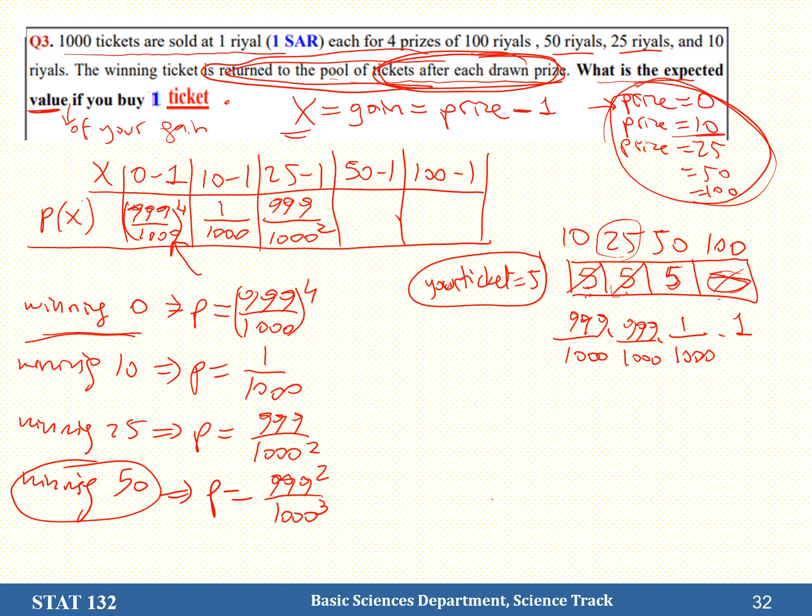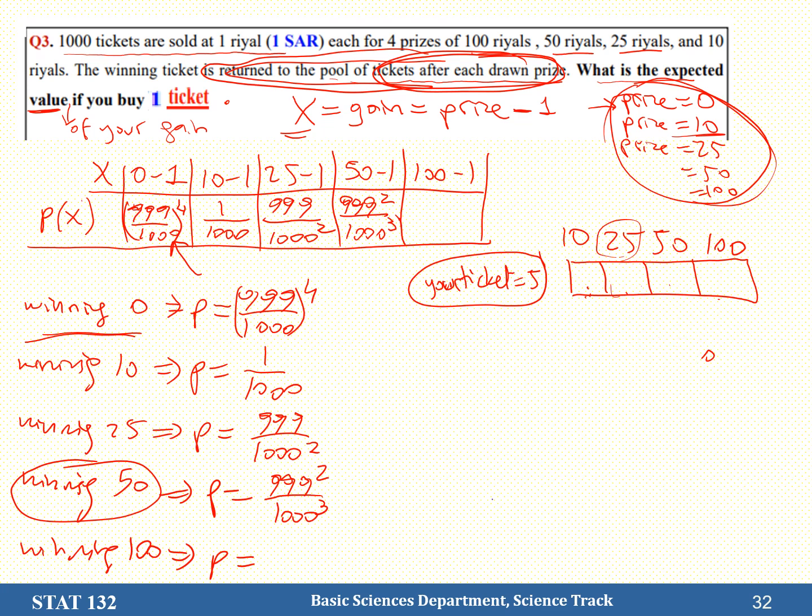Now let's write this one here. Now winning 100. Let's do the same thing. Your ticket number is 5, and you want to see winning 100.